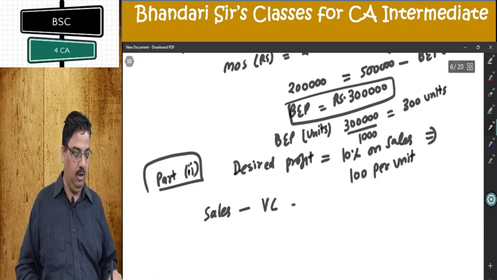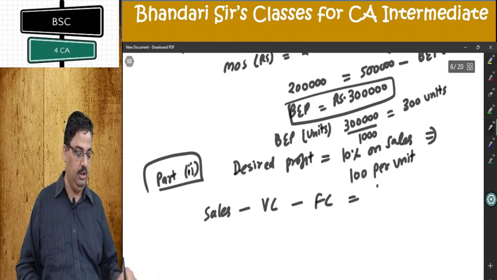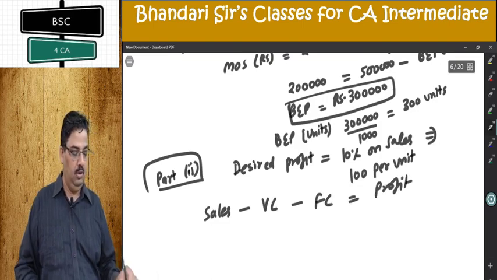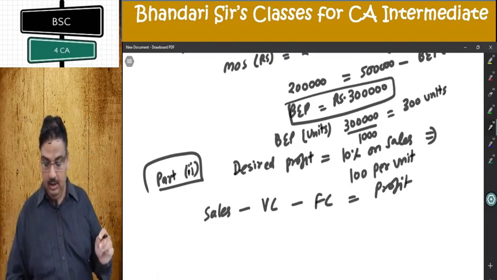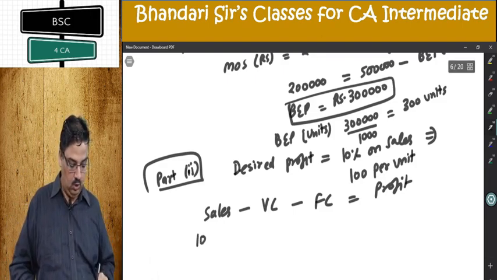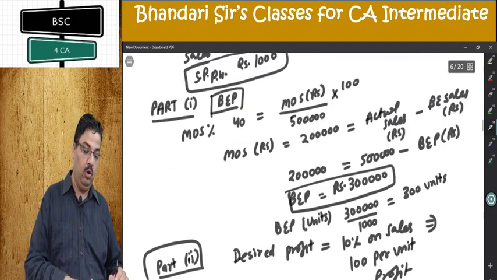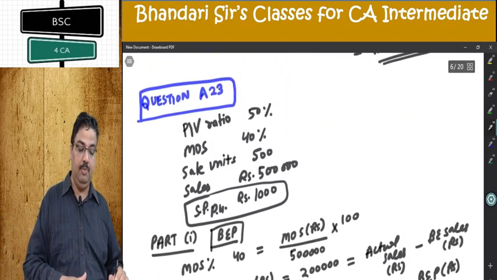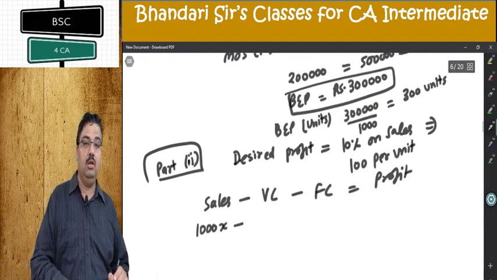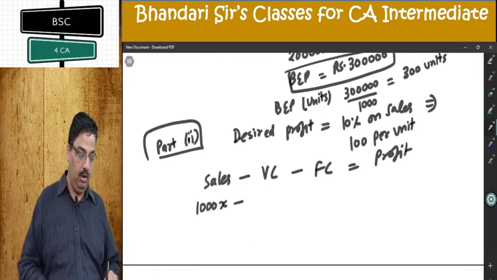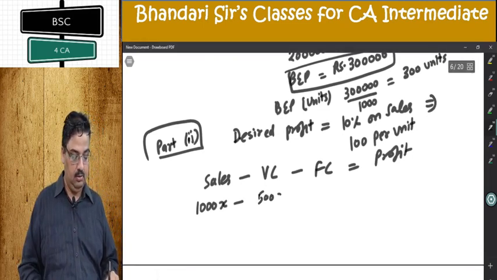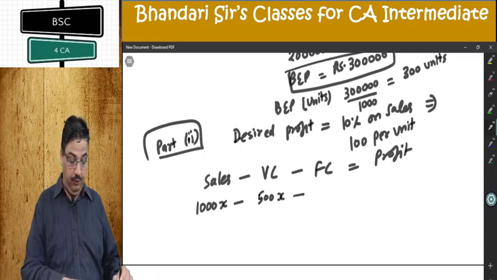Sales minus variable cost minus fixed cost is equal to profit. Let such units be X. 1000X minus, because profit volume ratio was 50%, 50% is contribution, 50% will be variable cost, 500X variable cost, minus fixed cost.